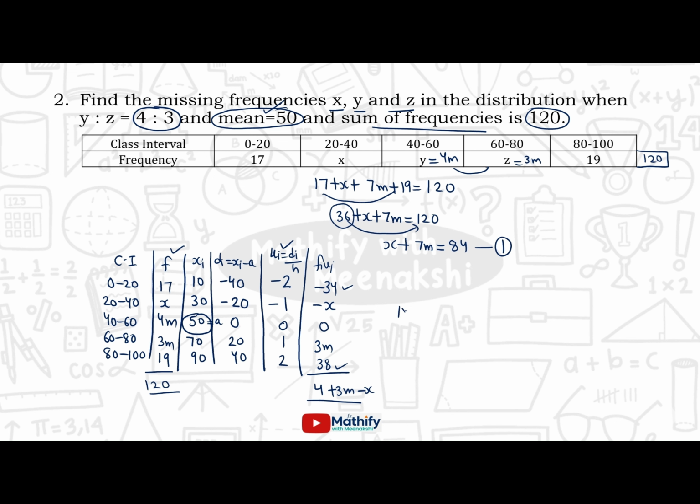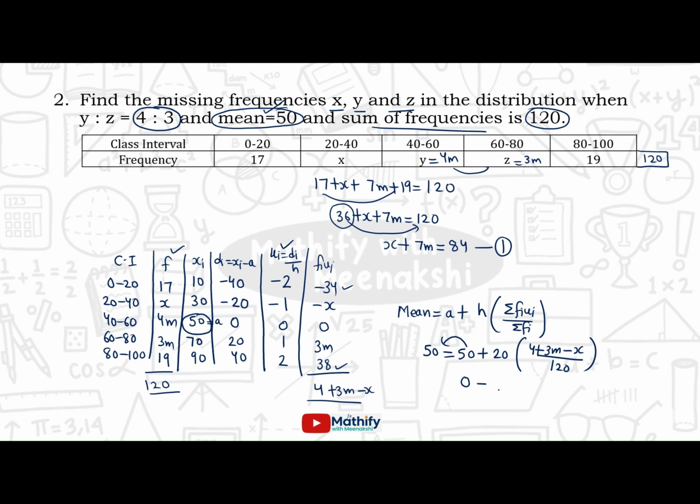Now just use the formula. Mean is equal to A plus h, we are using the step deviation formula, summation of fi ui by summation of fi. Now your mean is 50, A is 50, h is 20. Summation of fi ui, that's 4 plus 3m minus x, by summation of fi, that's 120. Now 50 minus 50 is 0.